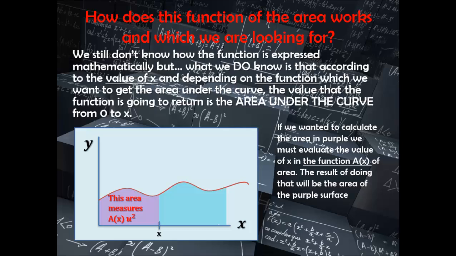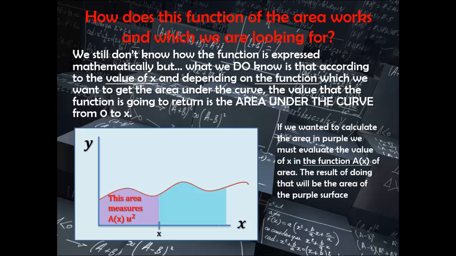Now, if that is the way our function works, then it means we are not able to directly calculate the area from 5 to 7, from 9 to 13, from 8 to 17, because the function always returns the area's value from 0 to any other value of x, always starting from 0, not from another number.